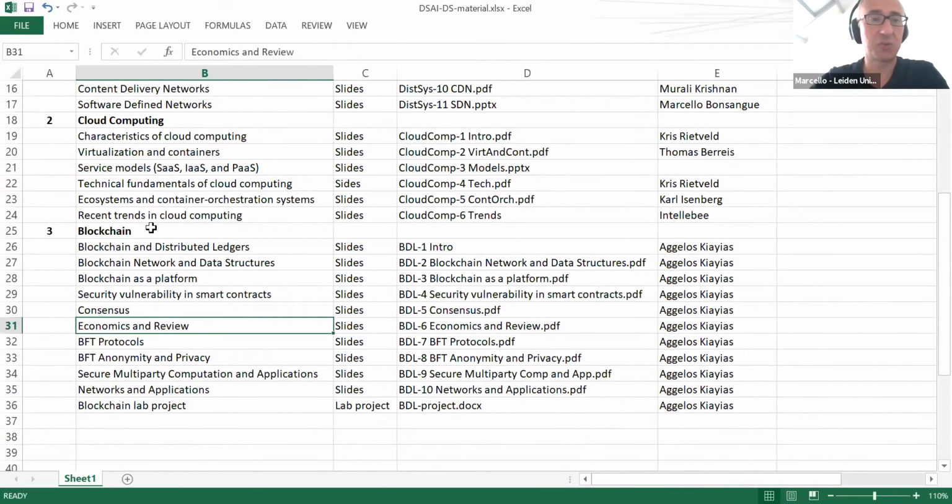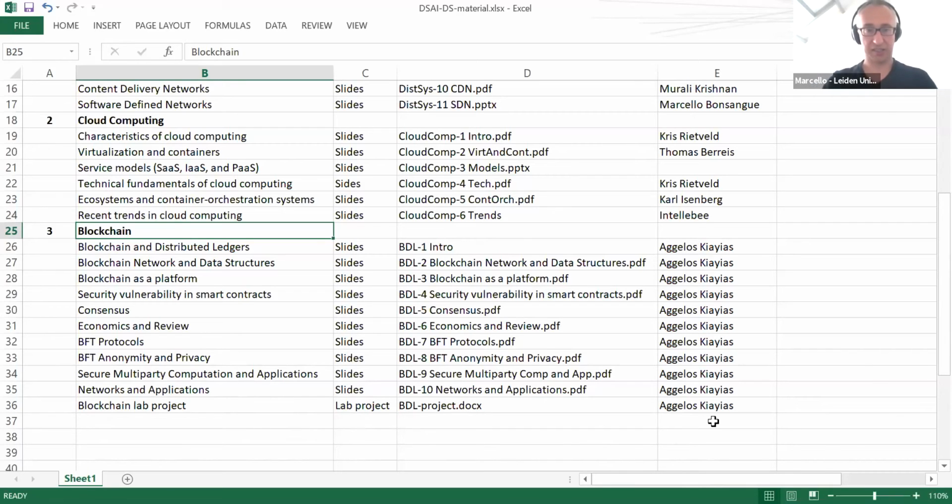So then we go to the final part, the part on blockchain. For blockchain, we use the slides of a course from Edinburgh University, presented by Aggelos Kiayias and collaborators. They have a very nice way of presenting the course.